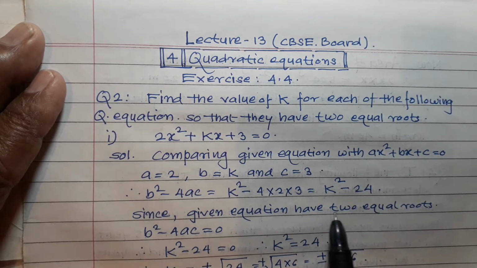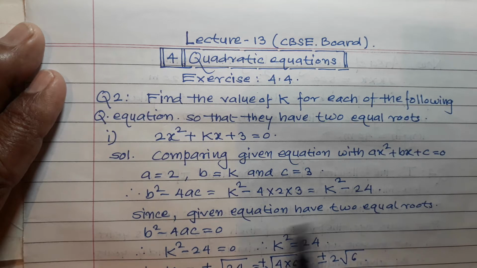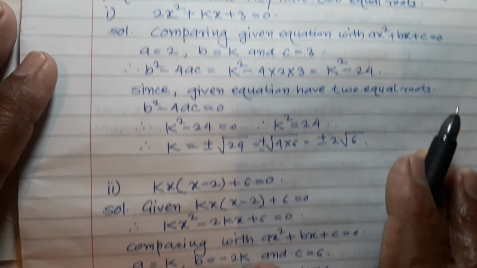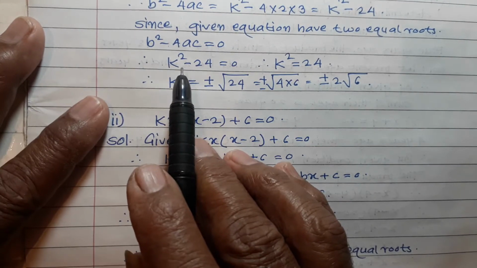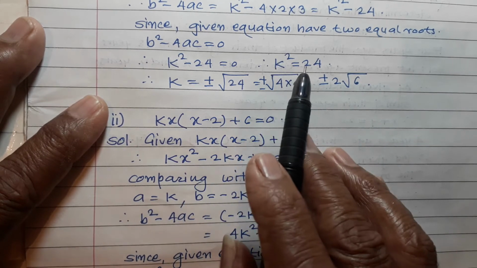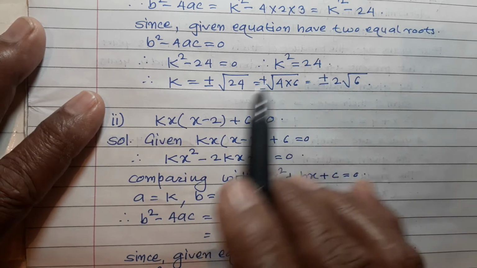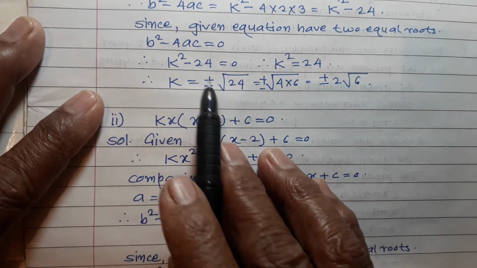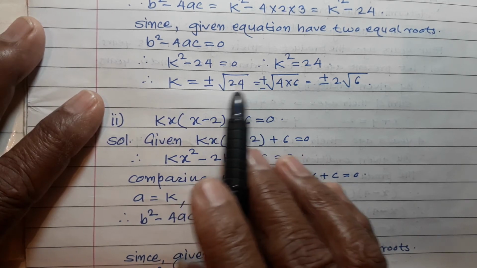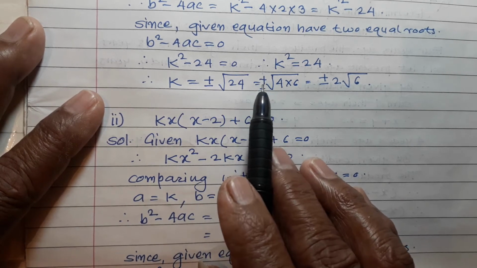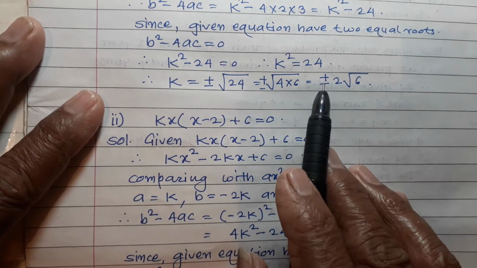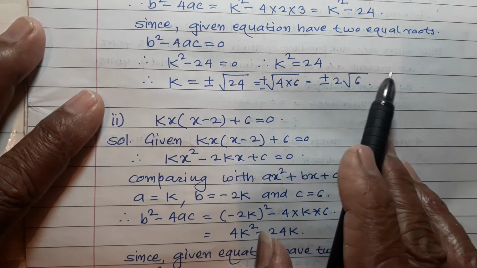Since the given equation has two equal roots, b square minus 4ac is equal to 0, and therefore k square minus 24 is equal to 0, and therefore k square is equal to 24, and therefore k is equal to plus or minus root 24, is equal to plus or minus root 4 into 6, and is equal to plus minus 2 root 6.